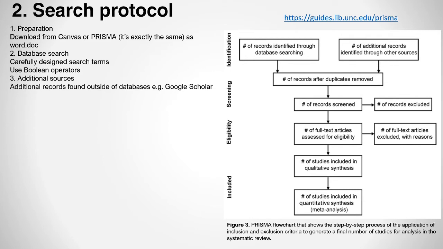Include sources like Google Scholar. So the original number, so we had 60 something, that would go there. And then the numbers of papers from non-journal sources, so places like Google Scholar, that would go over here in the right-hand box.